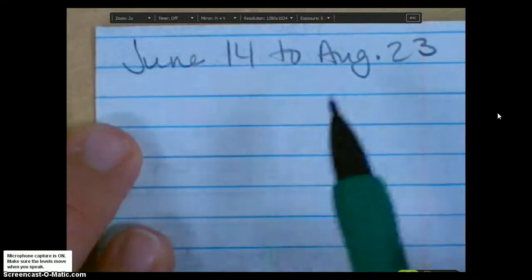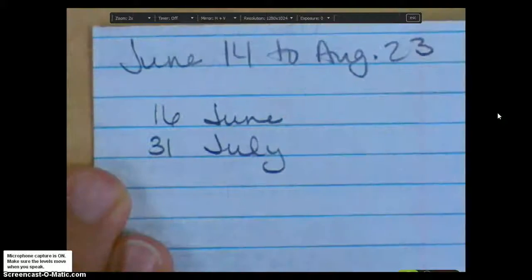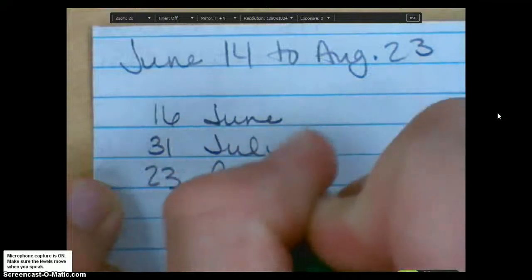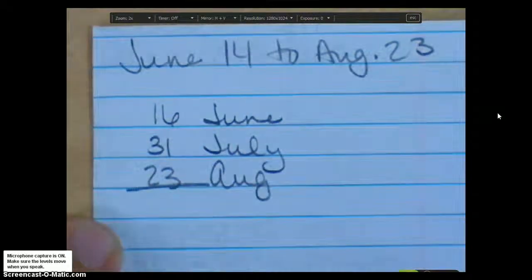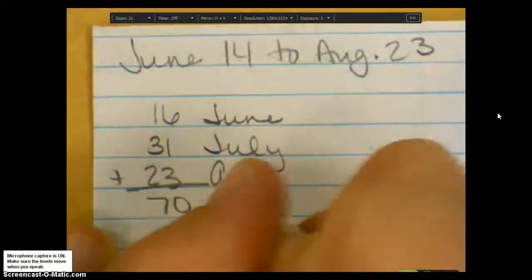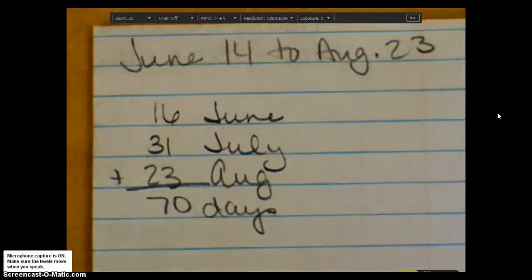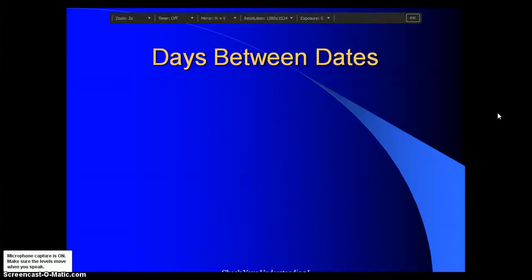We know from June 14th to the end of June is 16 days because there's 30 days in June. We know there's 31 days in July. Then from August 1 to August 23 is 23 days. So we jot those down, add them all up, 70 days. That is our answer. Very, very easy items for us.